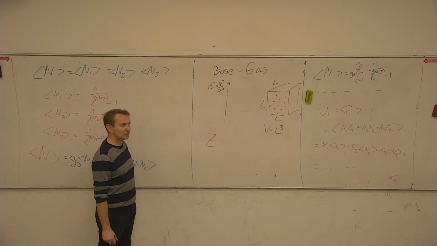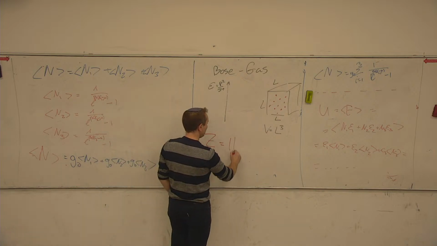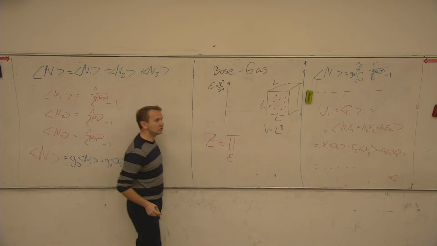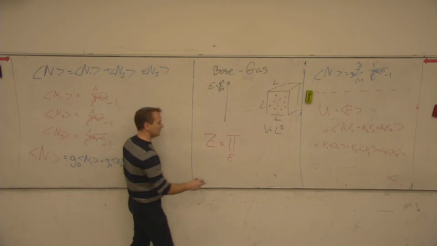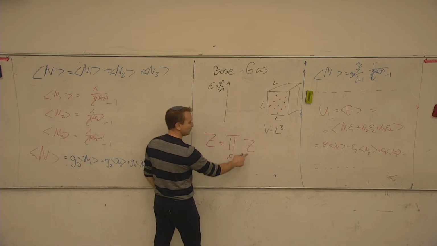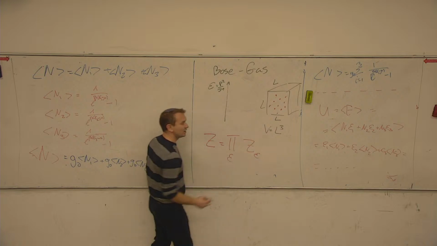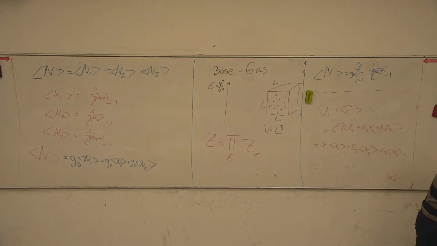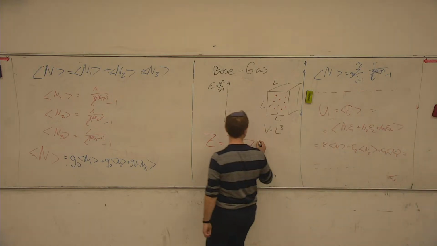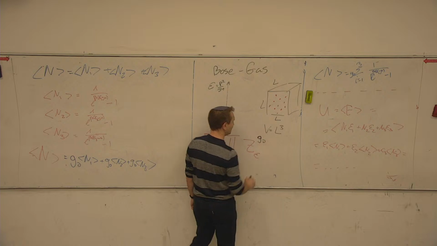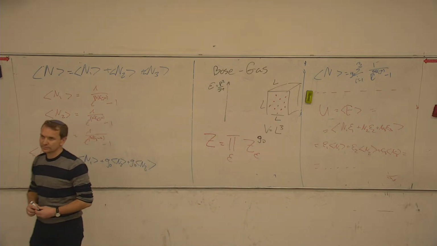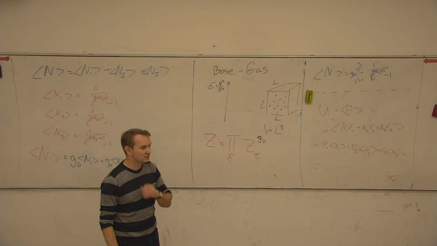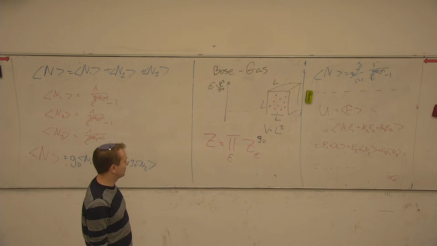So Z, the partition function, is just a multiplication over all possible energetic levels, okay? And we're going to compute the partition function for each given energetic level epsilon. And it's important not to forget the G0, the degeneracy that we have over here. Okay? Yes? Would the G0 depend on the epsilon, on the energy?